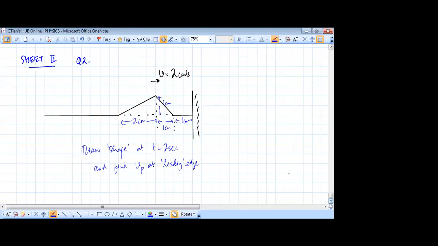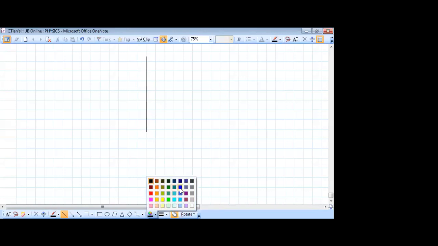So at t equal to 2 seconds, if you go with that method we had discussed of superposition, this is where the so-called boundary is. Then understanding it as a superposition of the forward pulse and an imaginary reflected pulse, the forward pulse should be here. Its peak should be over here at the boundary.